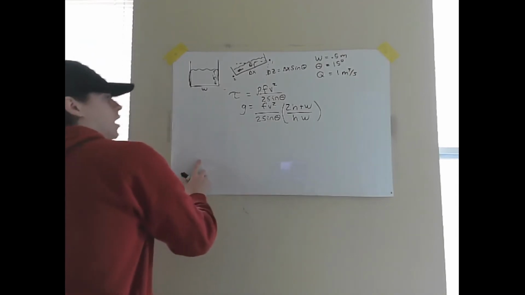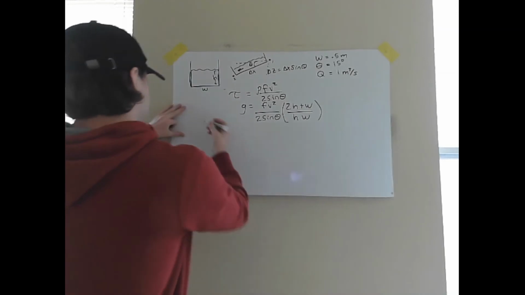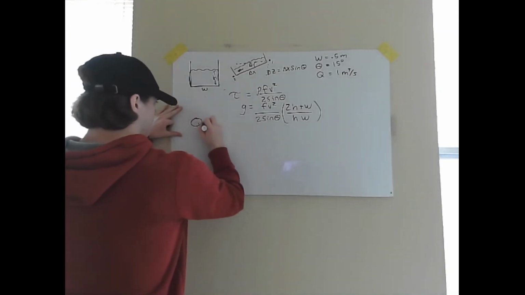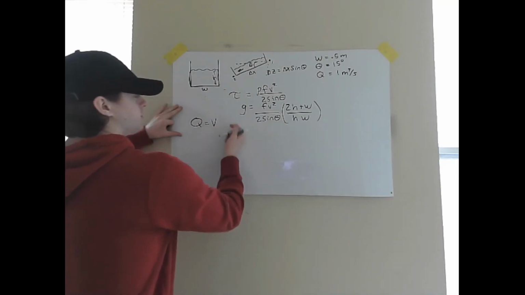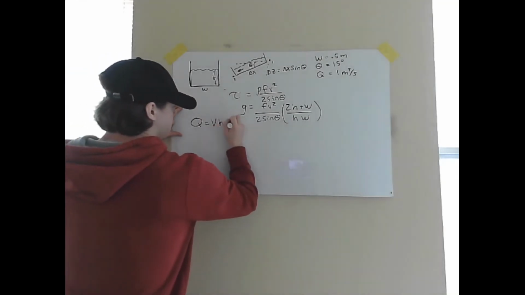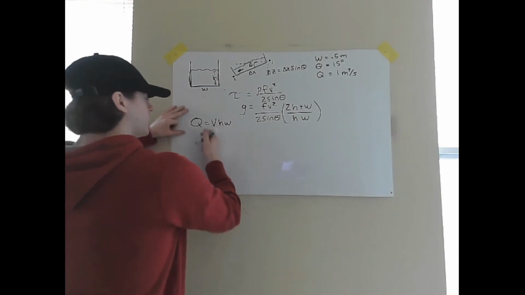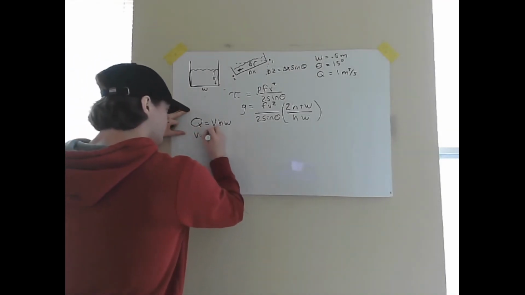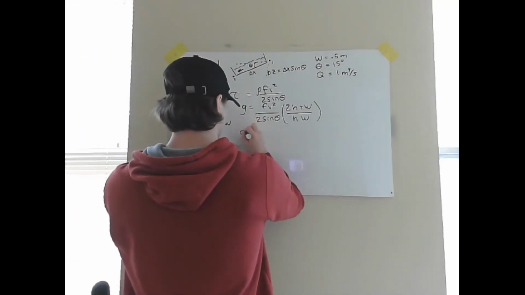So since we're given the volumetric flow, we can actually find the velocity. It's just going to be Q equals the velocity times the area, which in this case is just h times w. And so we can rearrange this and solve for v, and then plug it into our equation here.